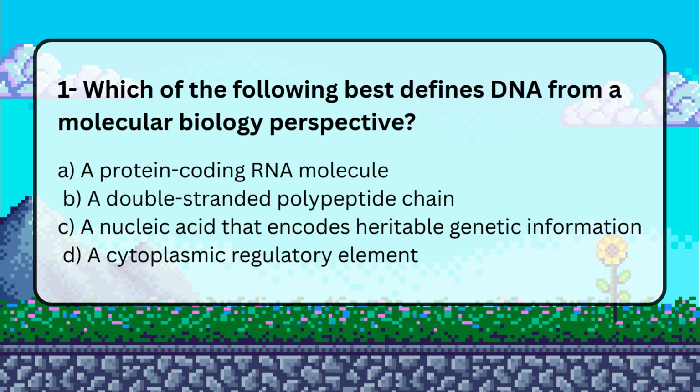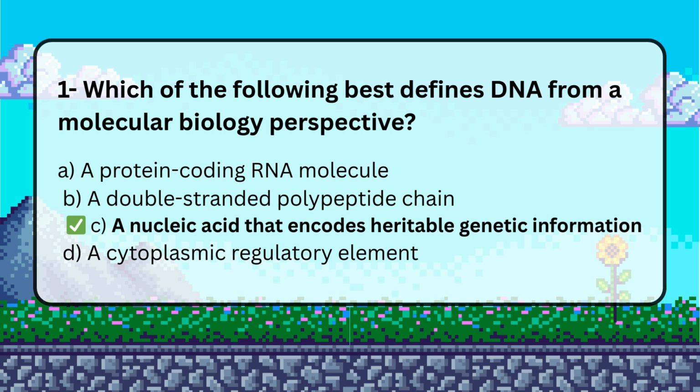The next is a nucleic acid that encodes heritable genetic information. So yes, right, it's going to make sense because it's a nucleic acid and it's also a hereditary material. The next is a cytoplasmic regulatory element. So no, it's not the right answer. So the right option is the C option.